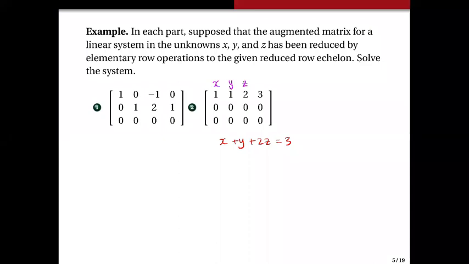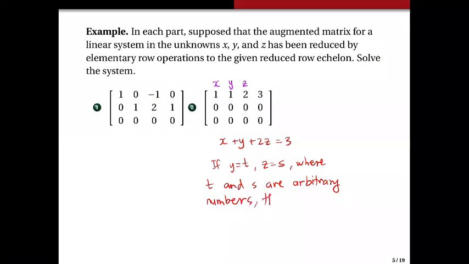Okay, so say y equals t, z equals s, where t and s are arbitrary numbers.